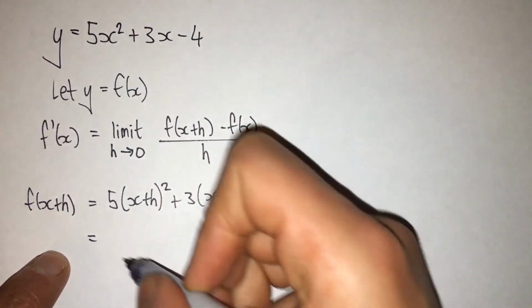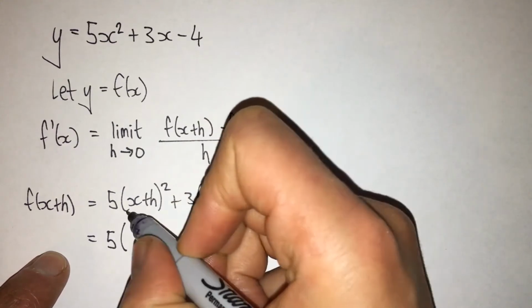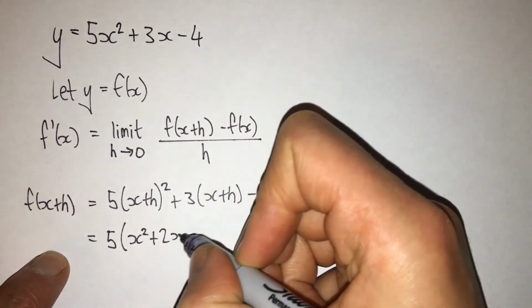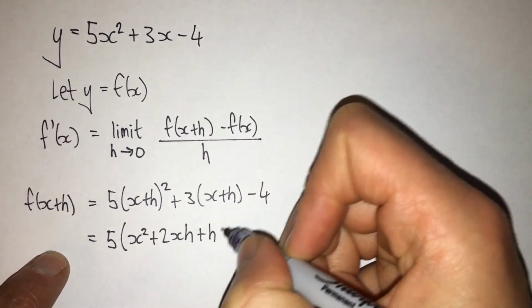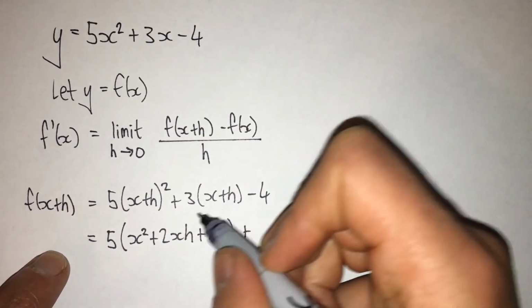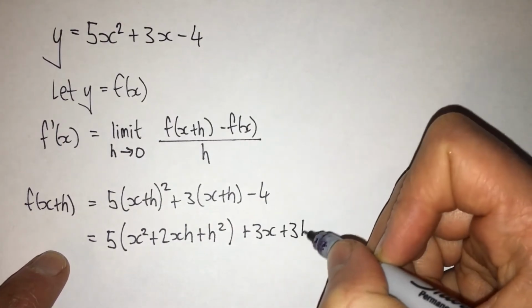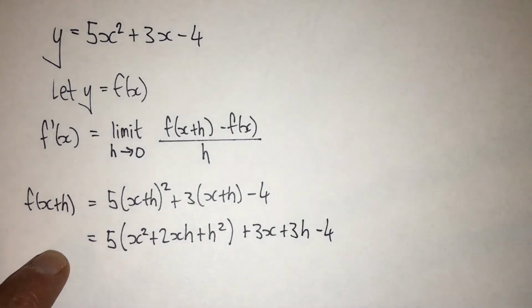If I expand this bracket, I'm going to keep the 5 there for a moment, expand this, it's going to give me x squared plus 2xh plus h squared, plus, expand this bracket, 3x plus 3h, and there's the minus 4.